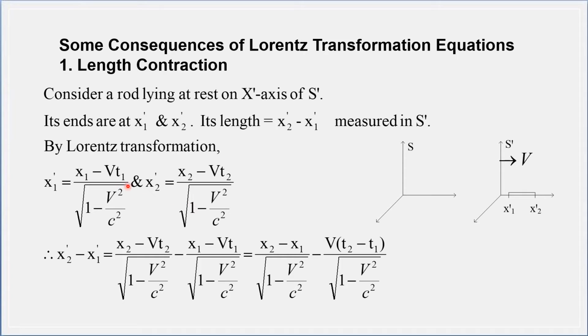And t1 and t2 are the times at which those positions are measured. Then you will find the difference between those two, x2 dash minus x1 dash. You get it like this. And when you simplify this, what you get is (x2 minus x1) divided by root of 1 minus v square by c square, minus v (t2 minus t1) divided by root of 1 minus v square by c square.